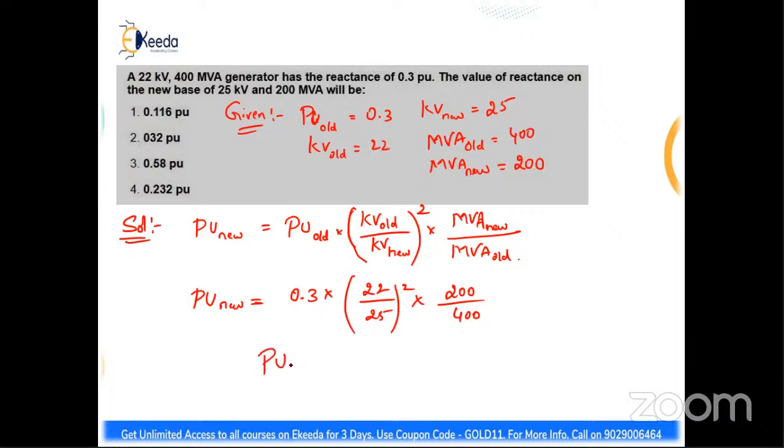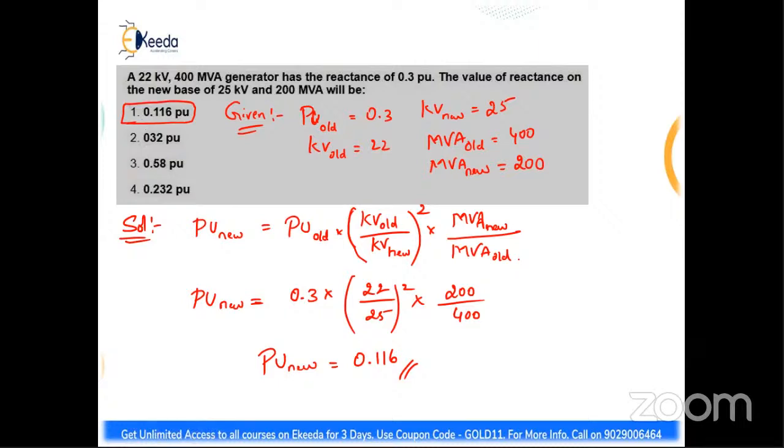If you solve this, the new value of per unit will be 0.116. So the first option, 0.116 pu, is the right answer. Clear?